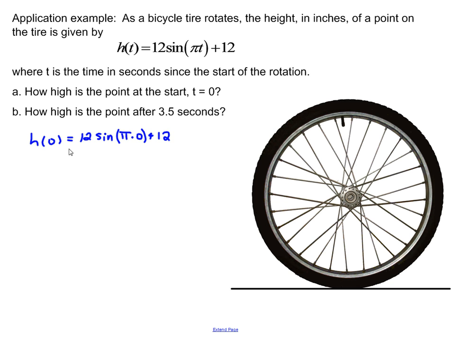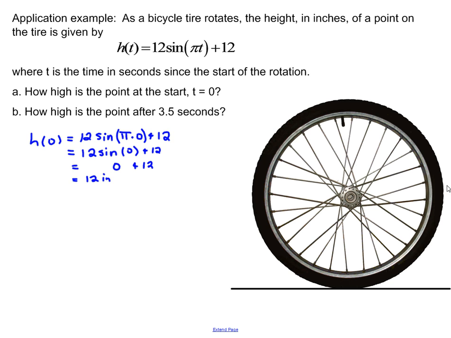So what was the sine of 0? Remember that on our unit circle wrapping function, this was equal to 0. So we get 0 plus 12, and so this is 12 inches.